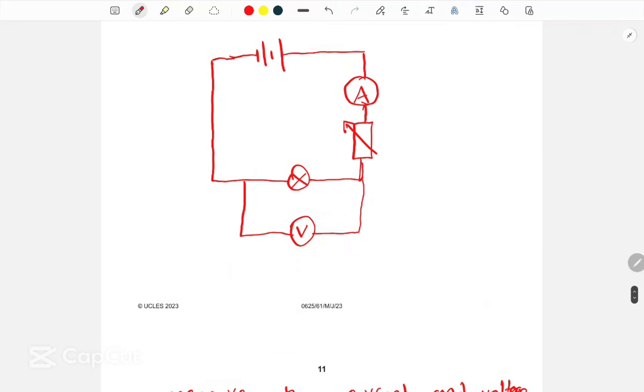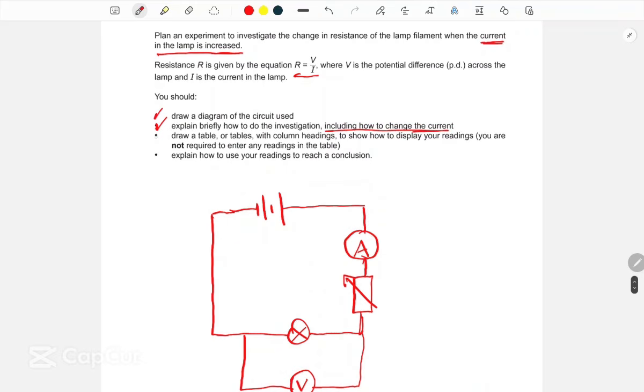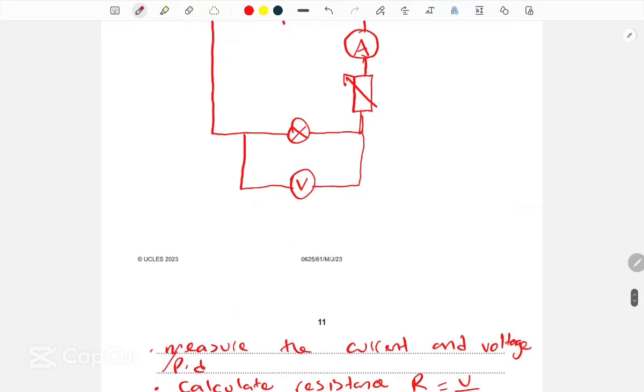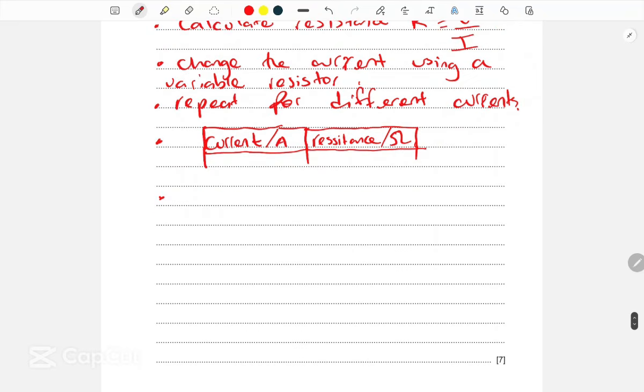And the next bullet point is explain how to use your readings to reach a conclusion. So basically, what we have to do is compare the current and the resistance.